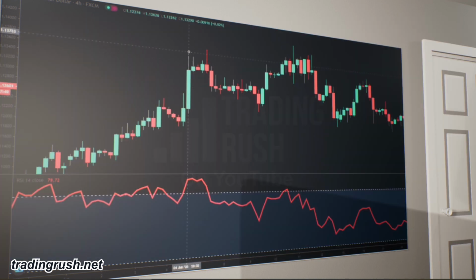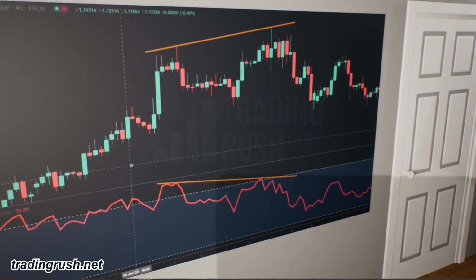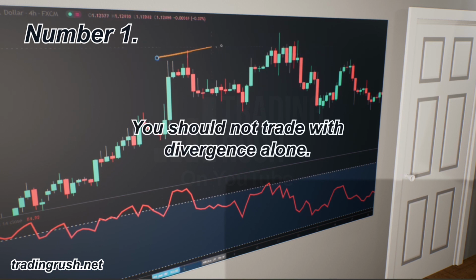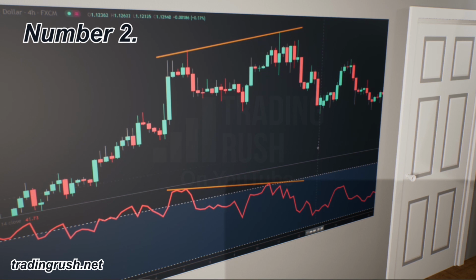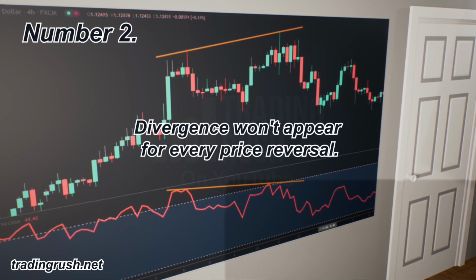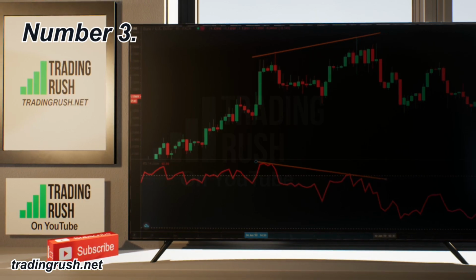Here are some important points to remember about trading divergence. Number 1. You should not trade with divergence alone. You should use it with other indicators. Divergence should be used to analyze the price movement better. Number 2. Divergence won't appear for every price reversal. Number 3.